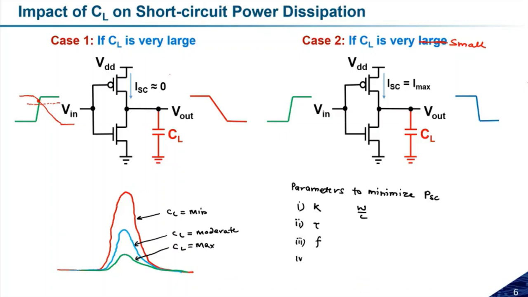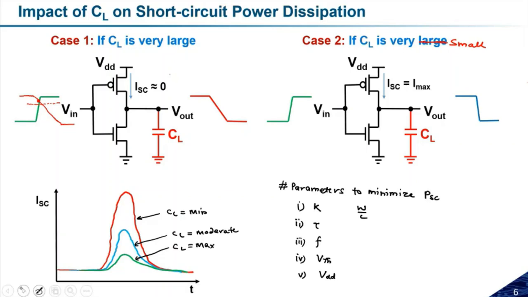The fourth parameter could be the threshold voltage of the device. And the fifth parameter could be the VDD, whatever we have used. So these are some of the parameters that decide the short circuit power dissipation through the circuits. Okay, so this is all about the impact of CL on the short circuit power dissipation.